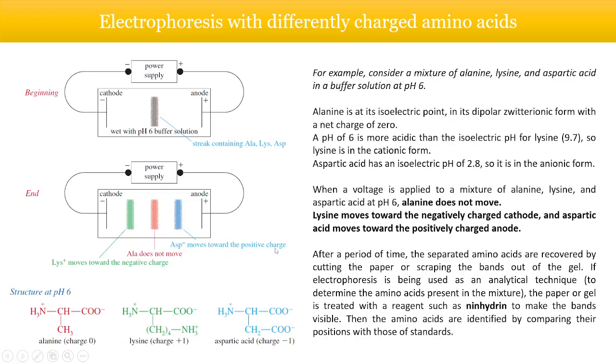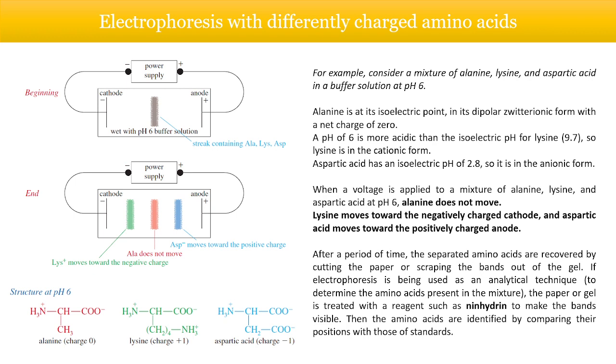And now we are providing a power supply to this mixture of alanine, lysine, and aspartic acid. Now what happens? The buffer solution is of pH 6, and we have to keep one thing in mind: when the pI of an amino acid is less than the pH, that amino acid attains a negative charge.